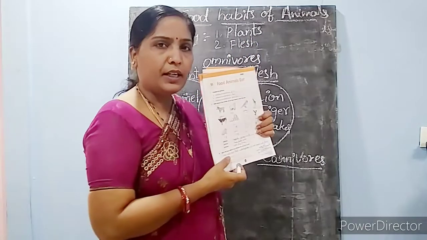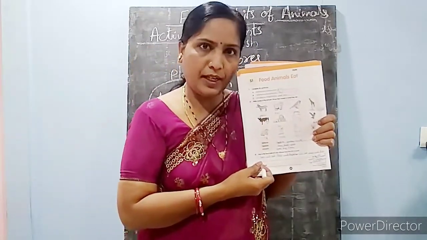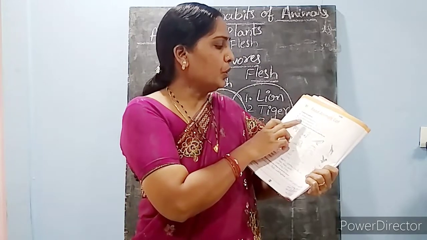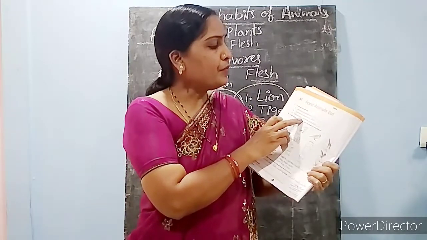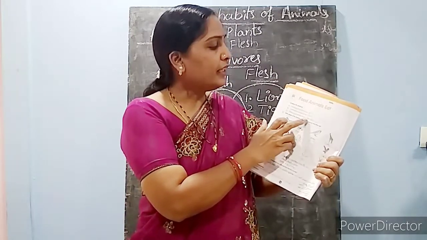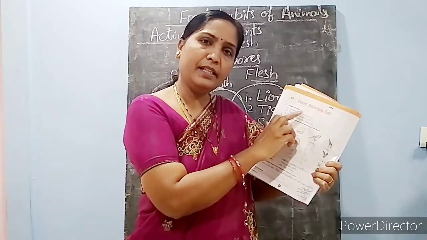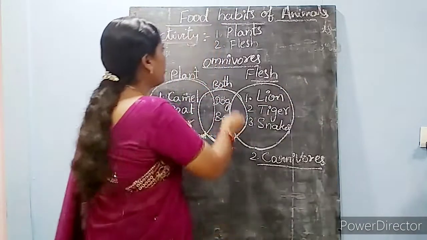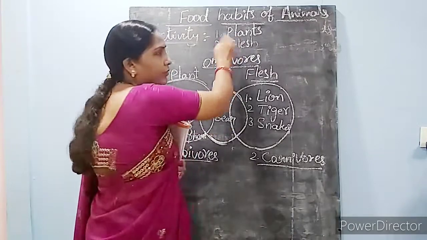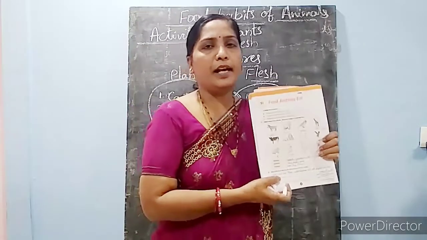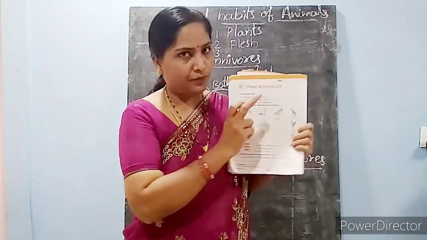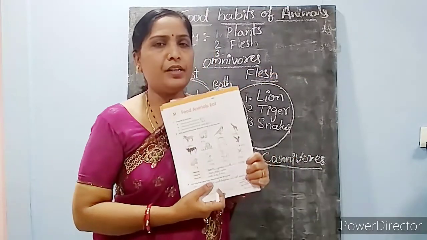Flesh. What will you write in this blank? Flesh. Now come to the third one. Omnivores are animals that eat plants and flesh. So in the third blank, you write plants and flesh. Got it, children?